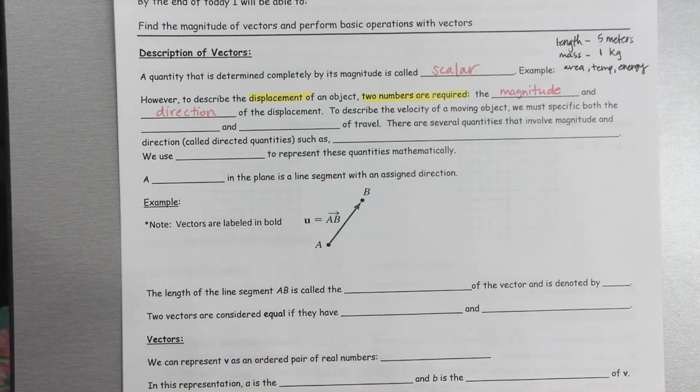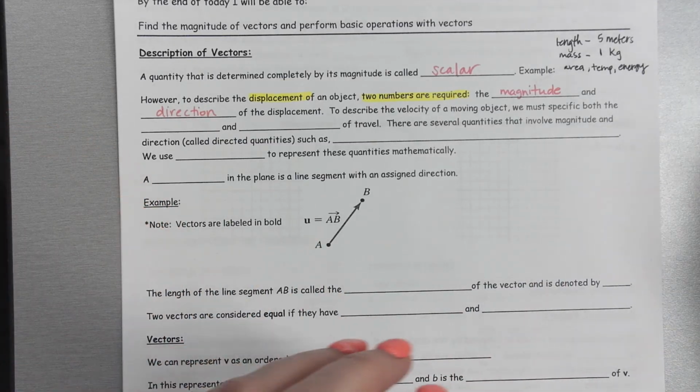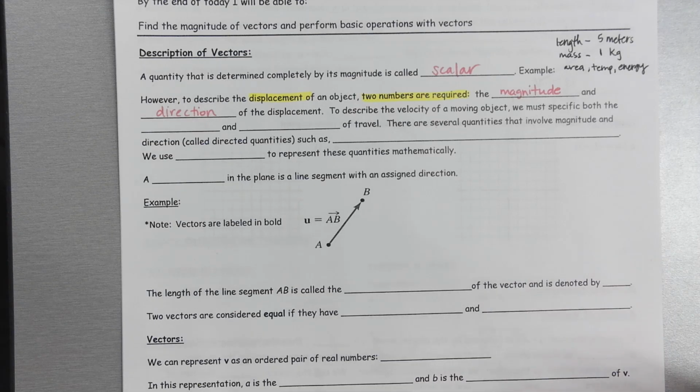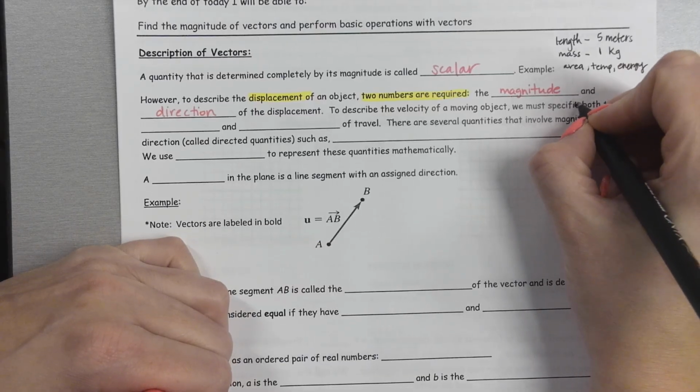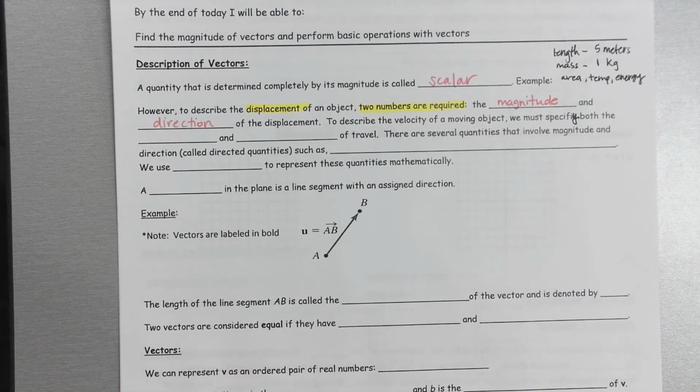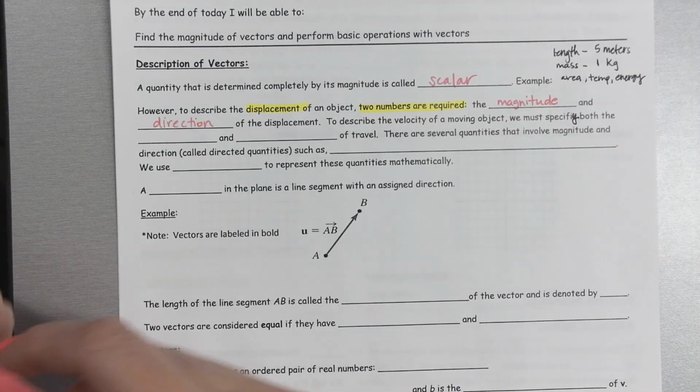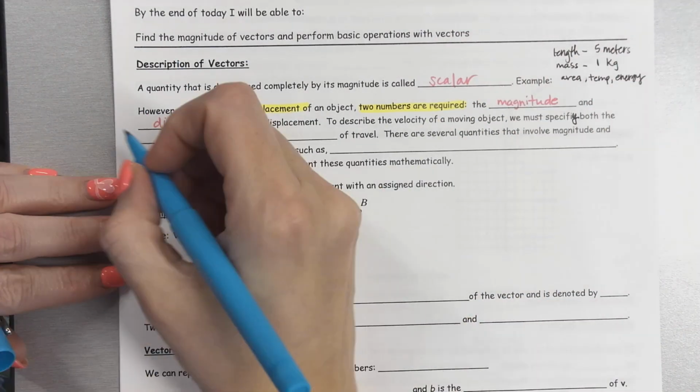So a common value that we use this in is the velocity. If you're trying to find the velocity of a moving object, we must specify both the speed and the direction.